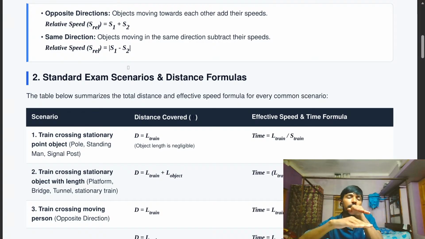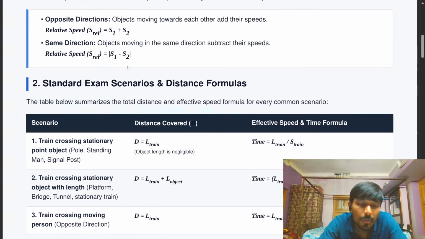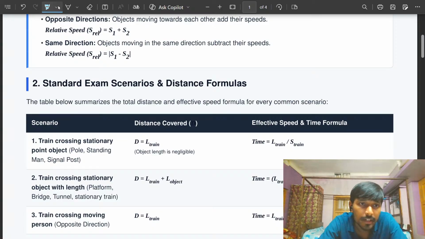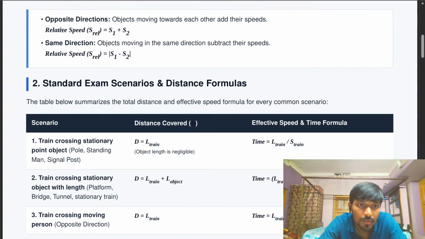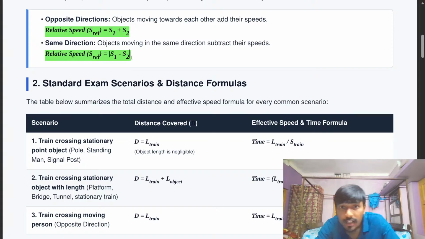So 50 minus 30, that is the relative speed is 20 kilometer per hour. I am highlighting this so that you can better understand. So relative speed in opposite direction, the speeds are added, and relative speed in the same direction, they are subtracted.